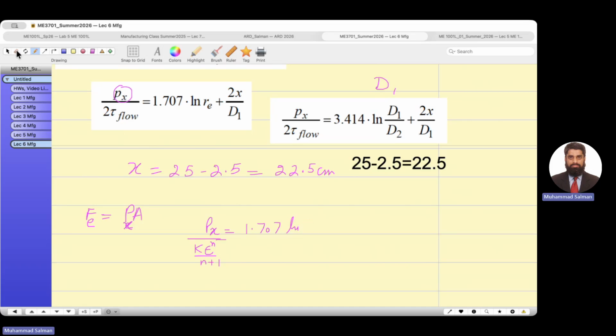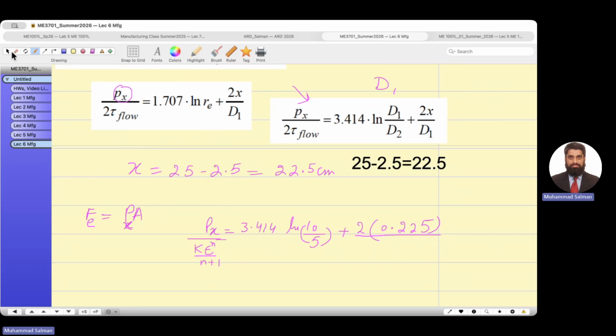Well, let's do this differently. Instead of Re, I will just use this equation: ln of D1 over D2 plus 2 times X, that is 22.5 centimeters.